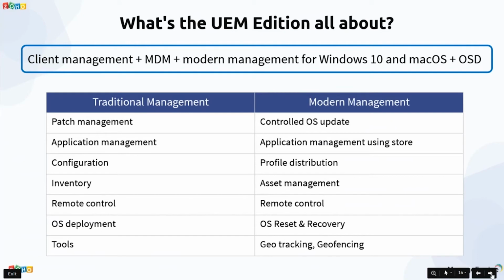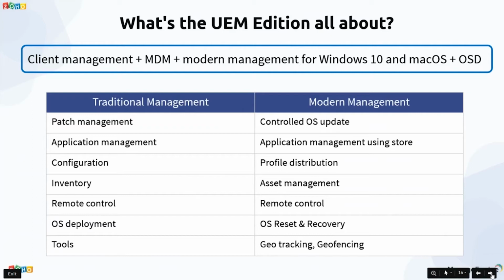Similarly, endpoints can also be managed by modern management. Now, all modern operating systems support modern management. The features are geotracking, geofencing, managing Microsoft Store applications, profile distribution to enforce restrictions, operating system reset and recovery.